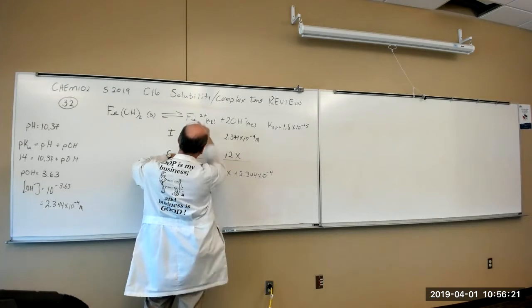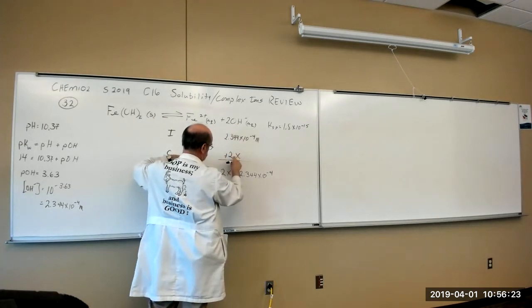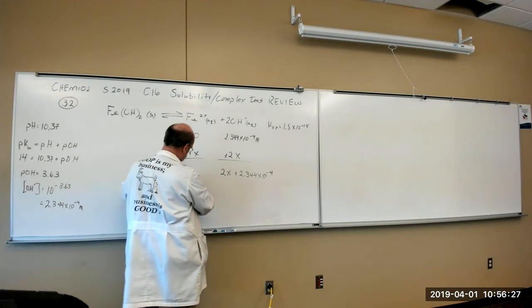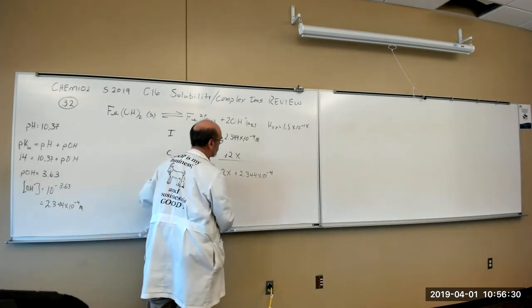And then for every one of these, you get 2 of those. And then the equilibrium expression is that and that.